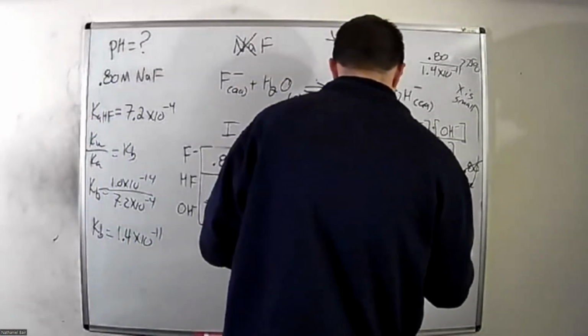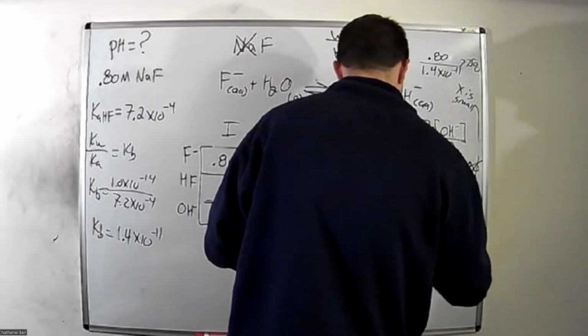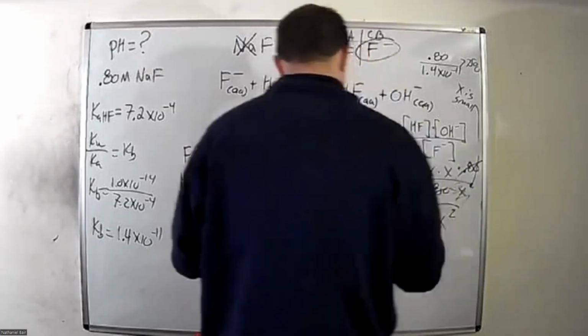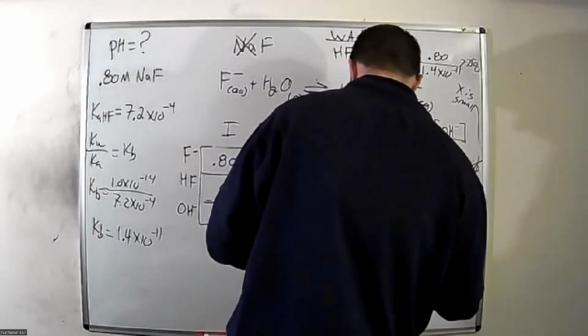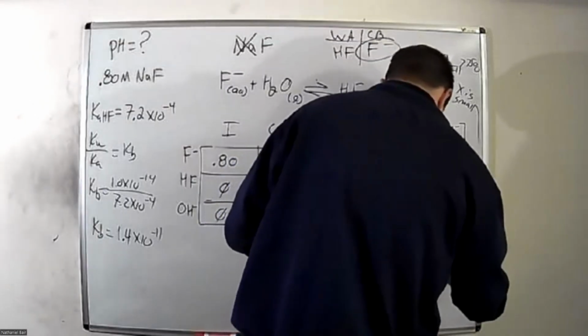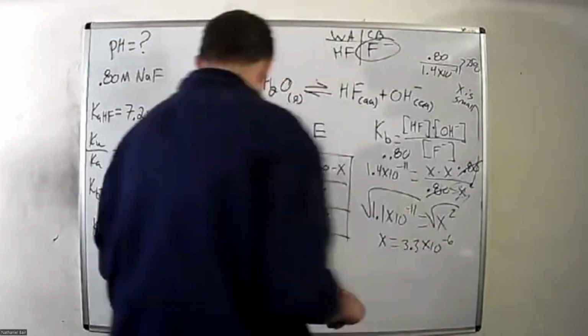We get 1.1 times 10 to the negative 11th. That equals x squared. Take the square root. x equals 3.3 times 10 to the negative 6th.